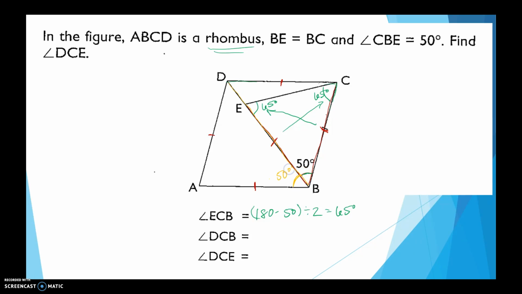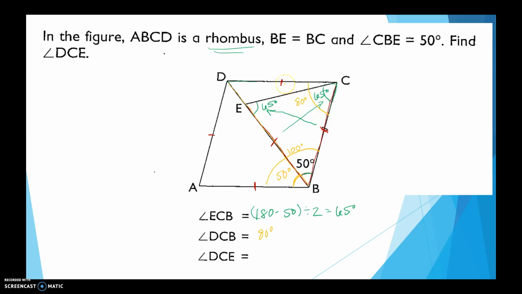So each one of those sides is 50 degrees, which makes the whole angle down there 100 degrees. And if I think about my parallelogram rules, I remember that consecutive angles in a parallelogram have to equal 180. So this big angle and this big angle need to equal 180. Since this one's 100 down there, then this one must be 80 degrees right up here, okay? So that's the answer to this one. We wanted to find DCB, and that's going to be 80 degrees.